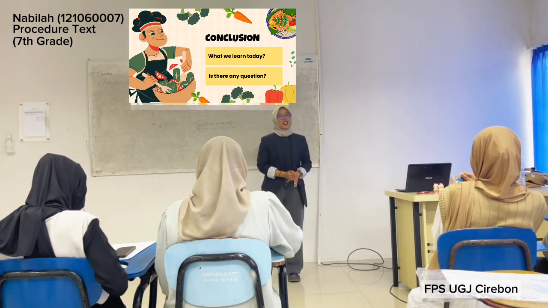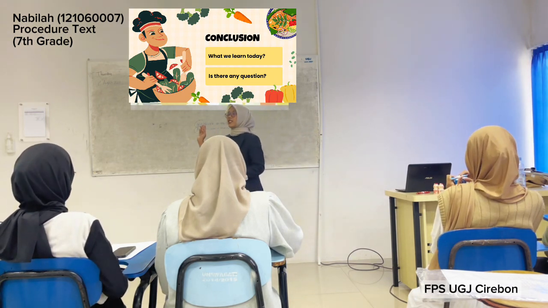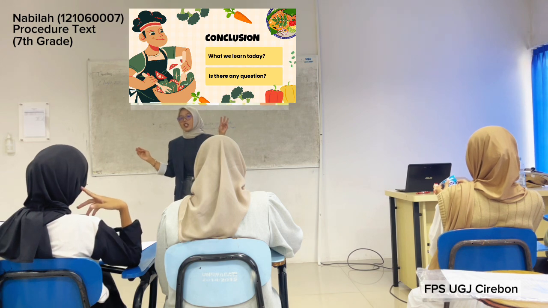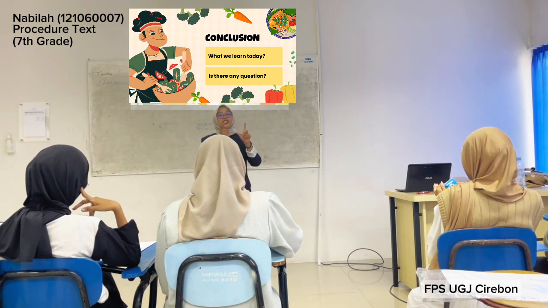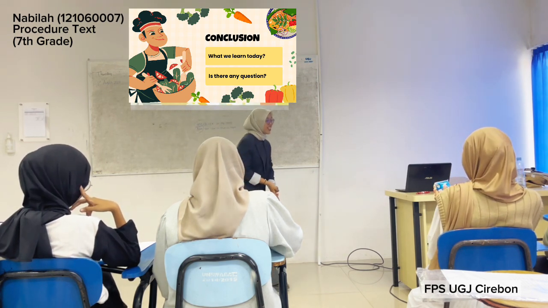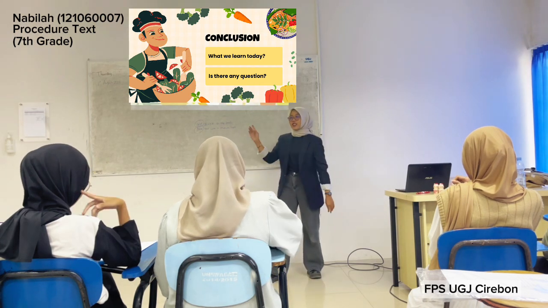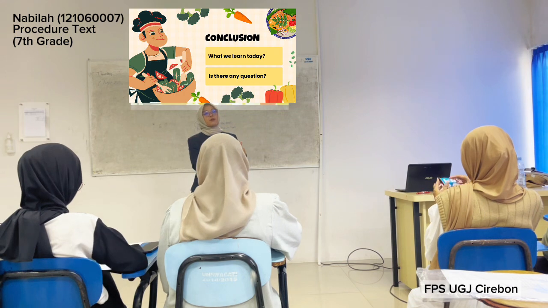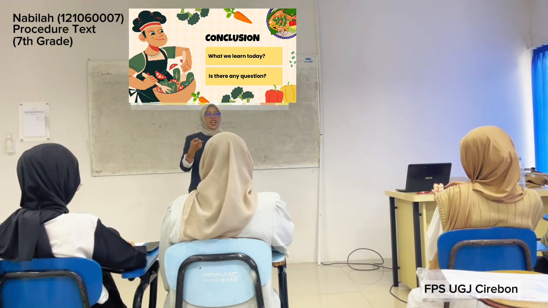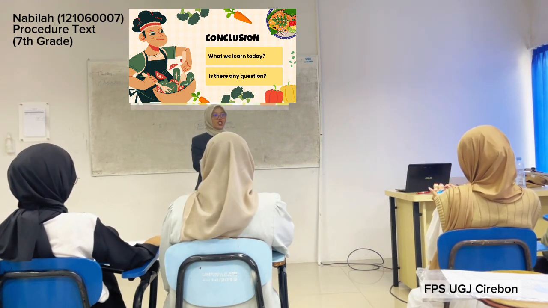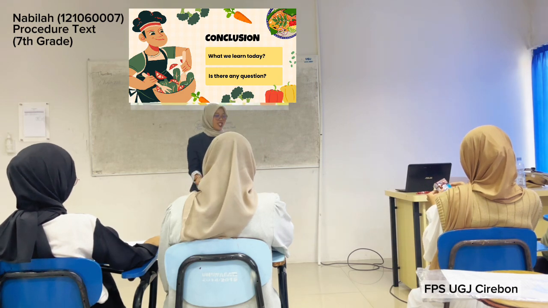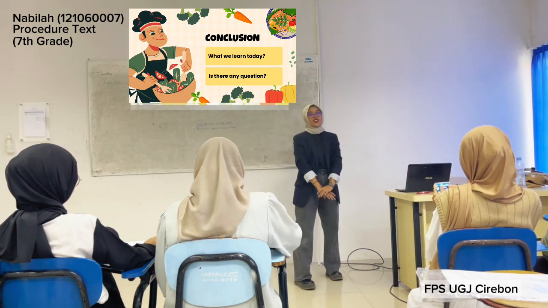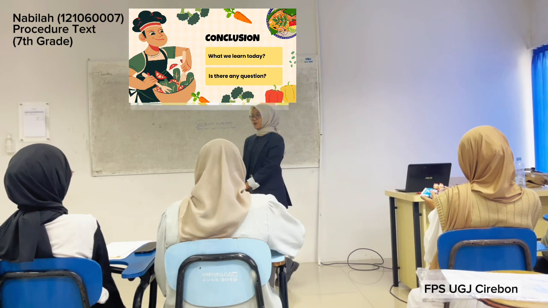And then, do you guys still remember the generic structure? Yes. And then the last is language features. Can anyone mention the language features? Simple present. And then action verbs. What else? Conjunction. Okay, that's correct.